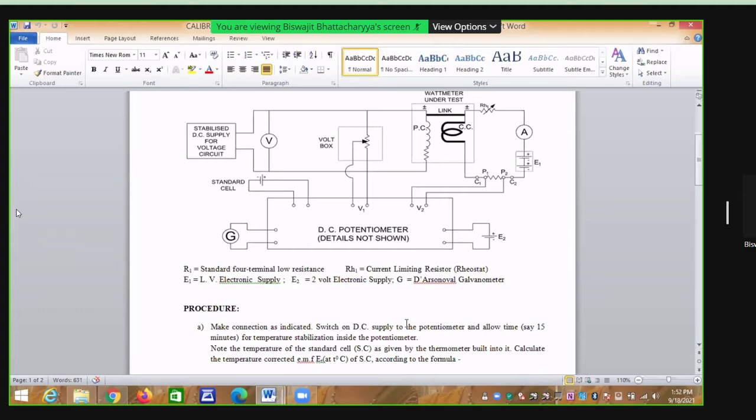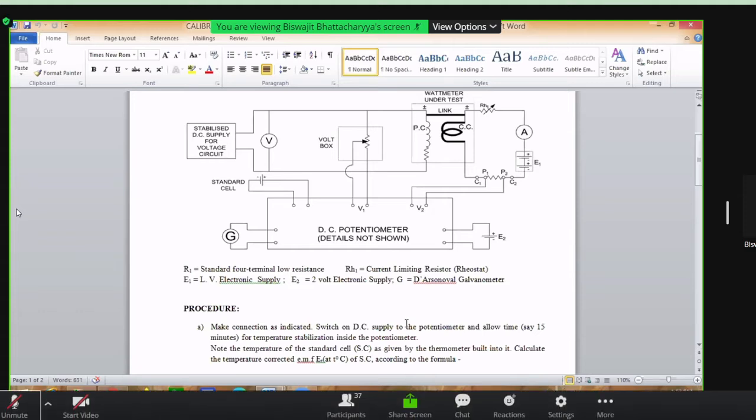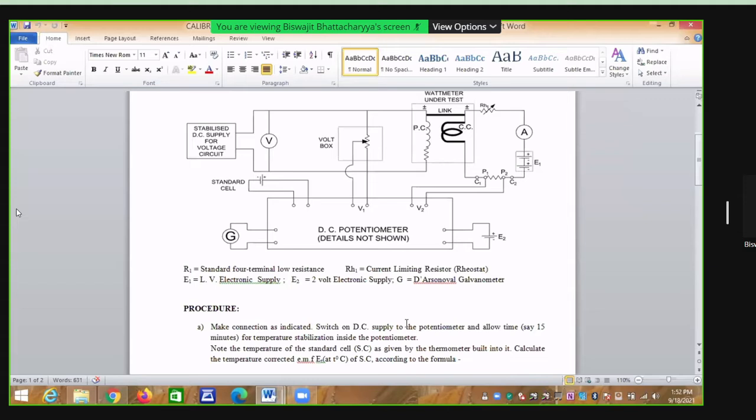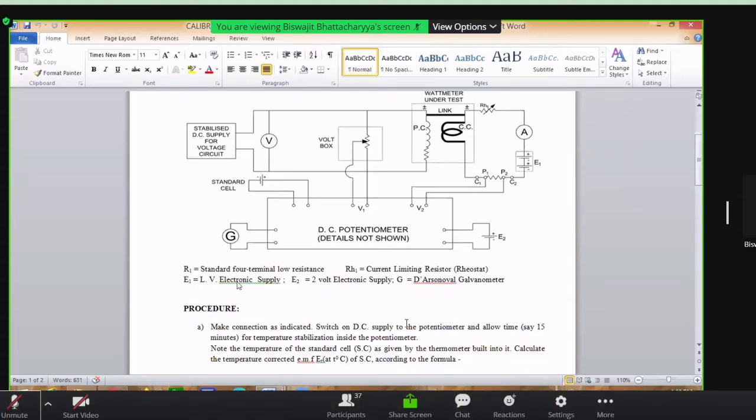And if the current is high momentarily, there will be no damage to the galvanometer because it is momentarily generated high current. So there will be no problem.